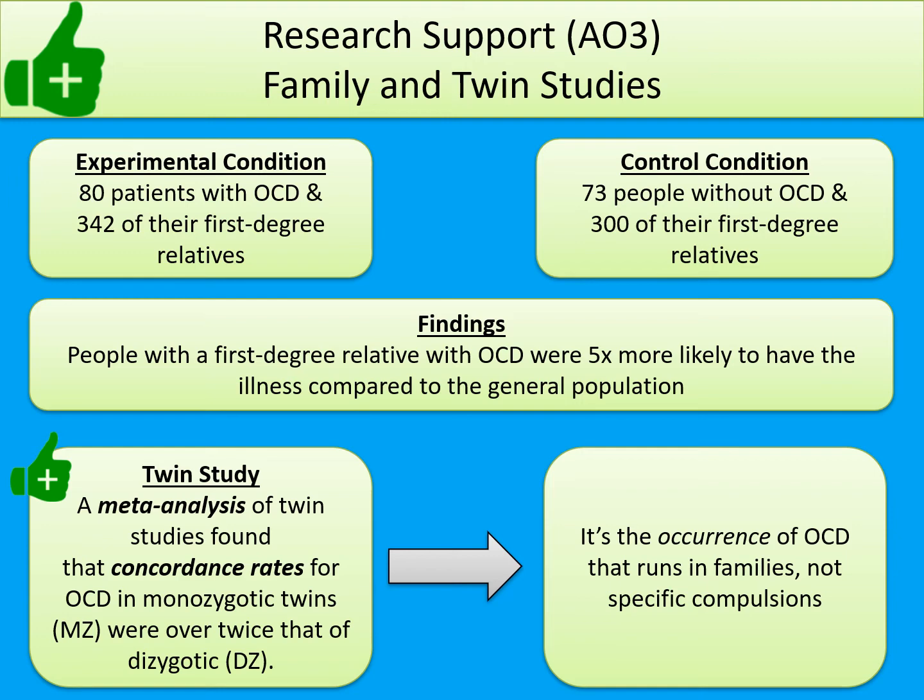But if you think about twins, they tend to have a very, very similar environment, a very similar upbringing. They've been born at the same time, they probably share a bedroom, they probably go to the same nursery, and they have the same teachers. So the environmental factors are very similar for both. The only difference between them really is their genes.